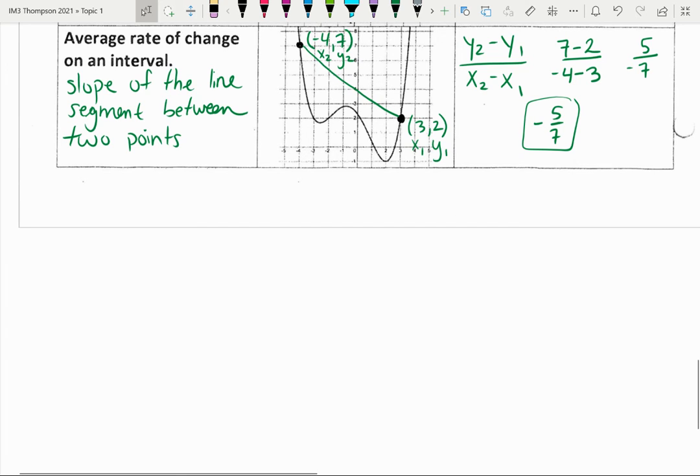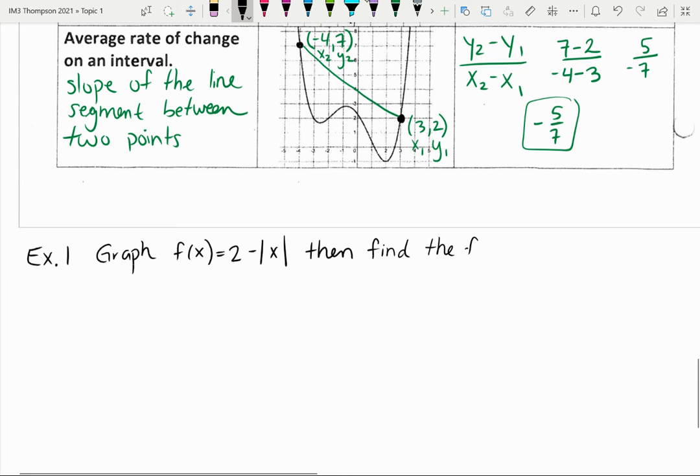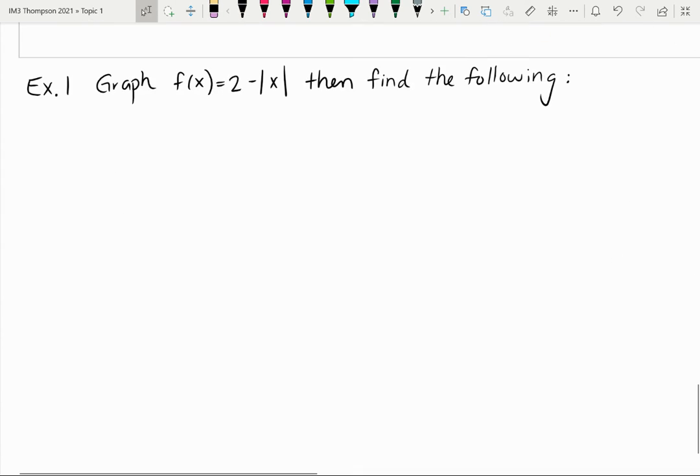So I'm gonna put up an example. We're gonna work through the whole thing. I'm gonna give you guys a chance to answer the questions first. But I'm gonna start you off because some of the problems on our Pearson homework ask you to graph. So back on your graphing notebook, it's going to ask for this laundry list of information.